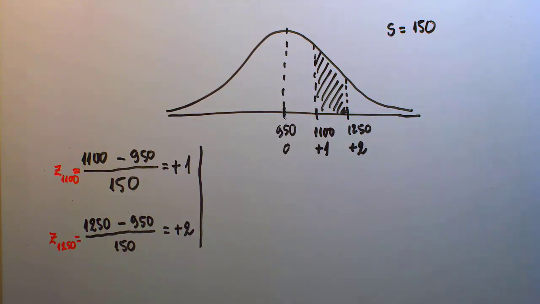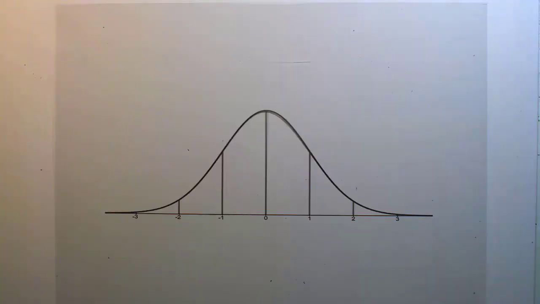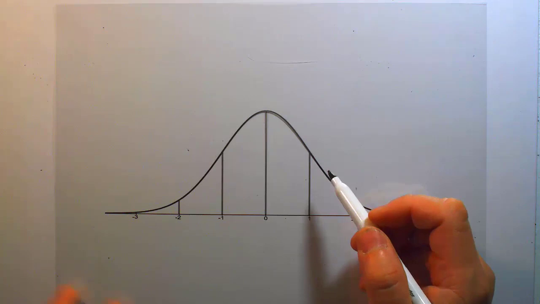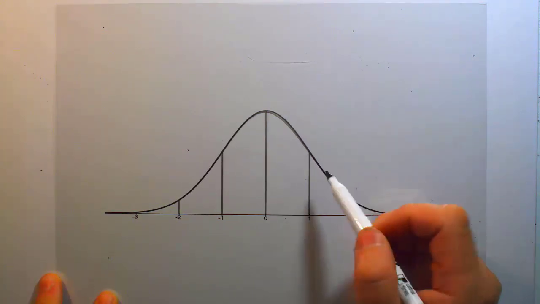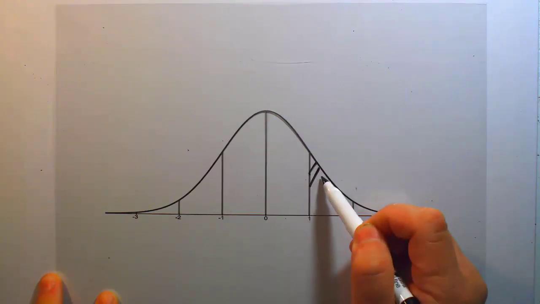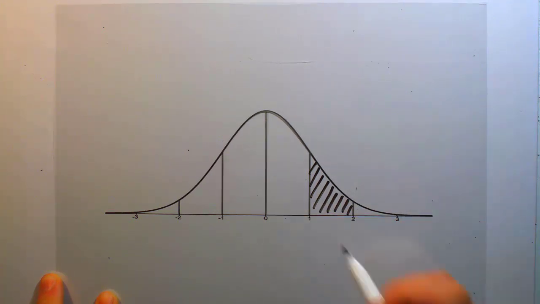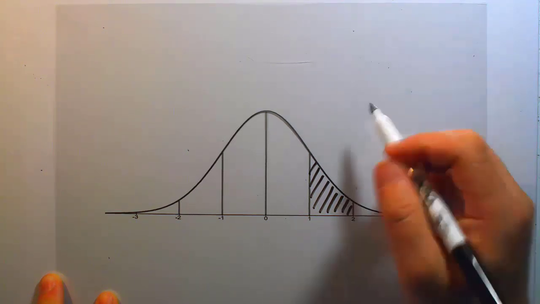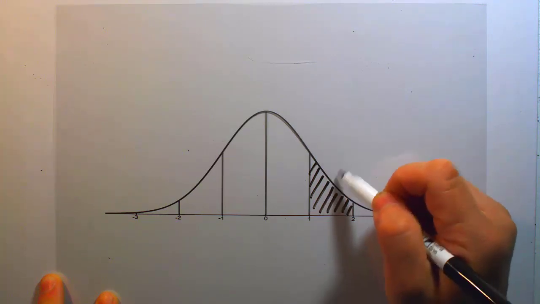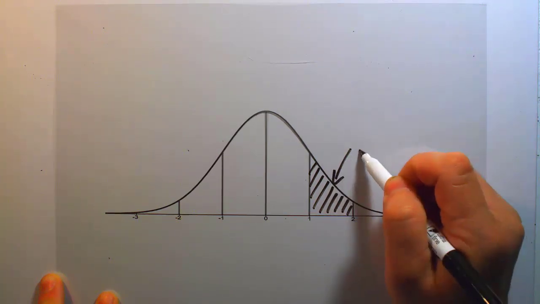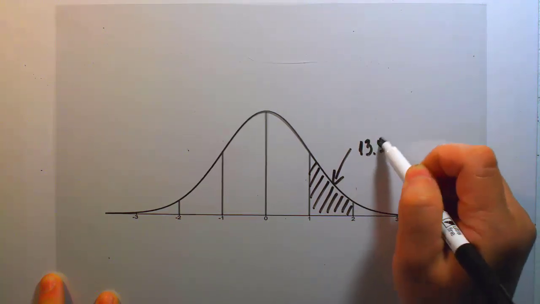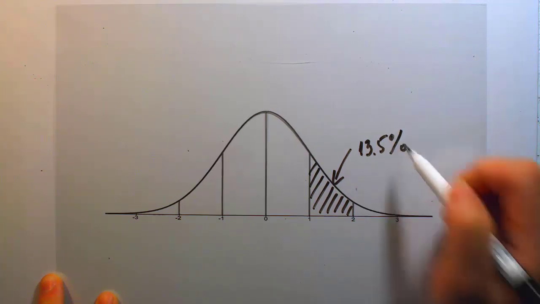We learned previously, before getting into this example, that this small piece of area on the bell curve, the area between 1 standard deviation above the mean and 2 standard deviations above the mean, we found through the lecture to be a total of 13.5% of area.